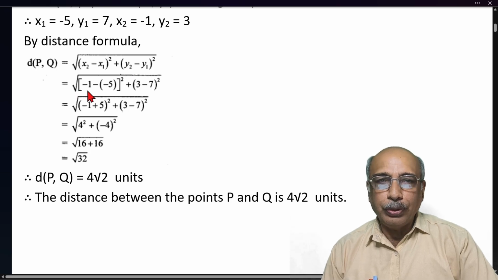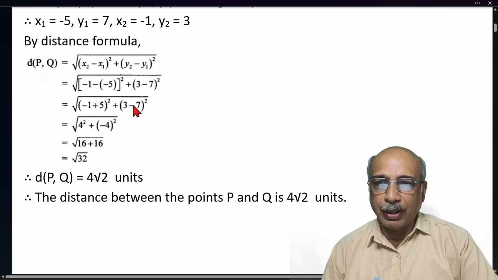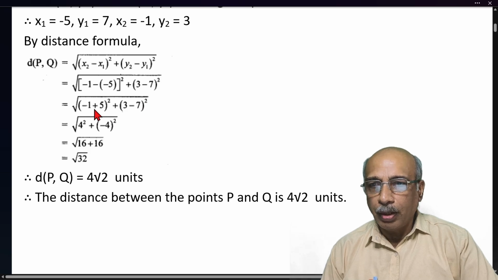Substituting the values, you can see here (minus 1 minus 5) whole square. See the calculations here, very important. Plus (3 minus 7) whole square. So minus 1 minus (minus 5) is plus 5. So (minus 1 plus 5) whole square plus (3 minus 7) whole square.